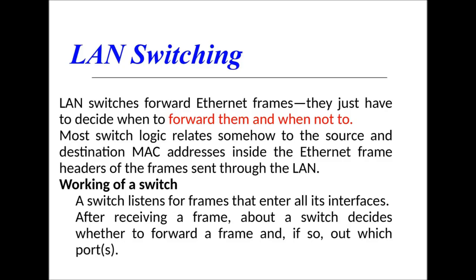After receiving a frame, a switch decides whether to forward the frame, and if so, out of which ports. This is done by the software which is implemented in that switch. But the main point in this slide is that the switch will forward the frames on the basis of MAC addresses, on the basis of NIC addresses.